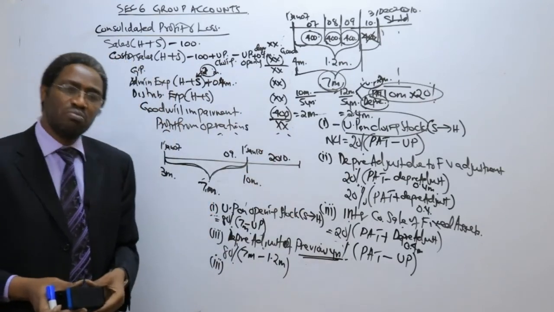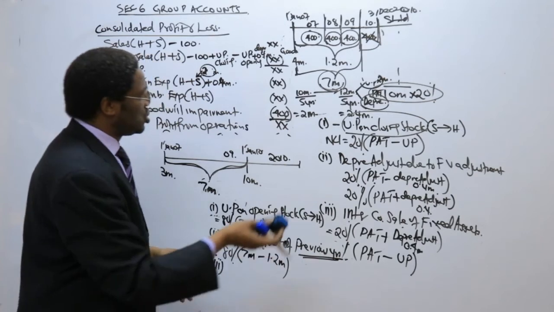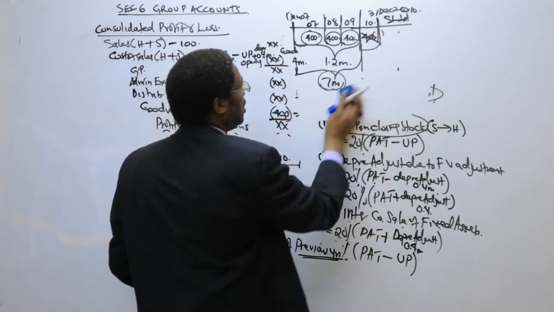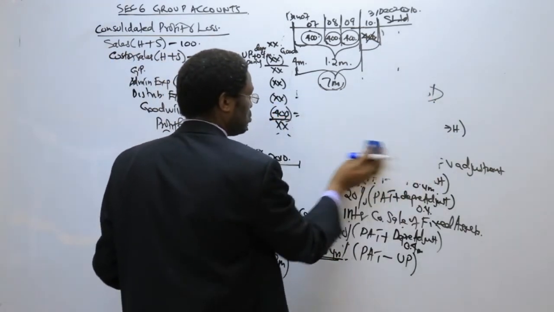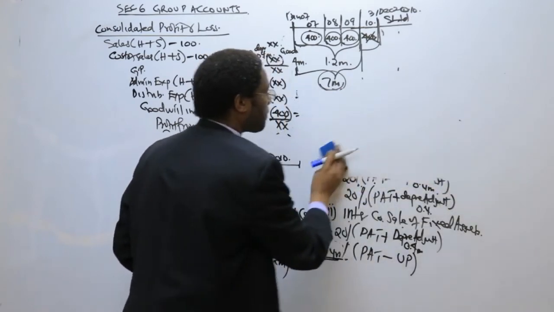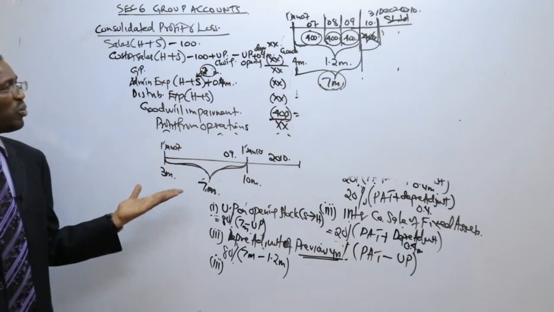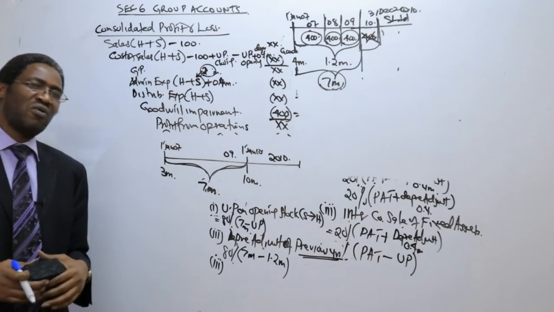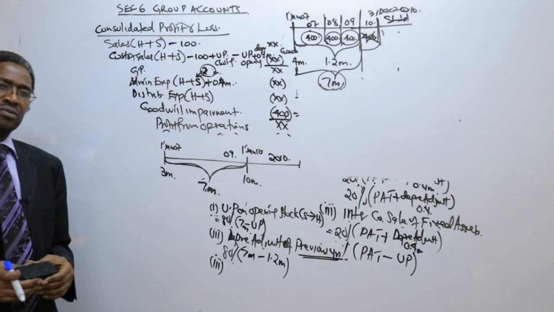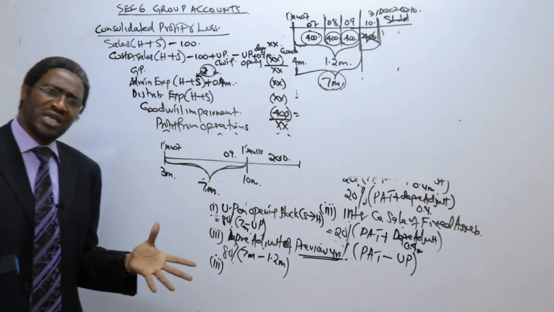First, is it more than it should be, less than it should be? That profit. Obviously, it's more. So there is no way you can take 80% of that 7. So how do you calculate your share?